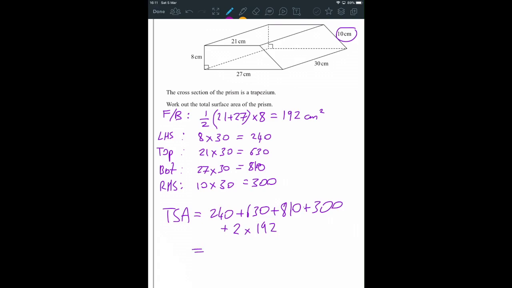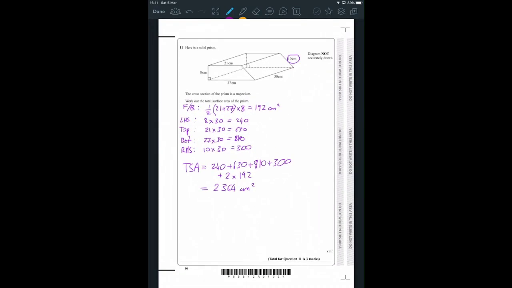So 240 plus 630 plus 810 plus 300 plus 2 lots of 192 gives me a total surface area of 2,364 centimeters squared. Seems reasonable for the situation we have here.